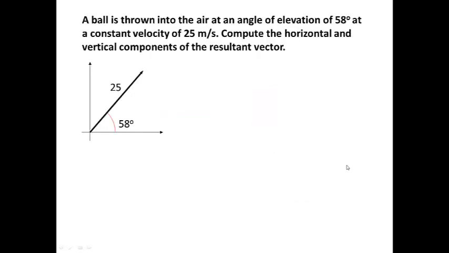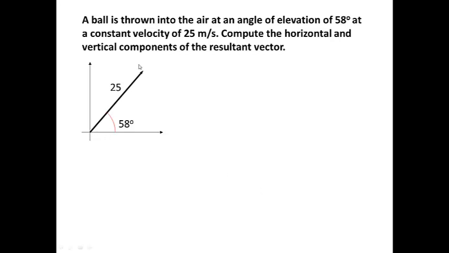All right, let's try one. A ball is thrown in the air at an angle of elevation of 58 degrees at a constant velocity of 25 meters per second. Compute the horizontal and the vertical components of the resultant vector.